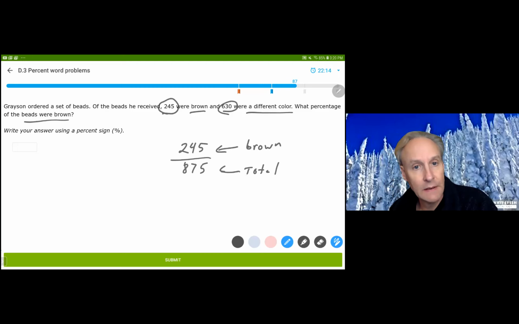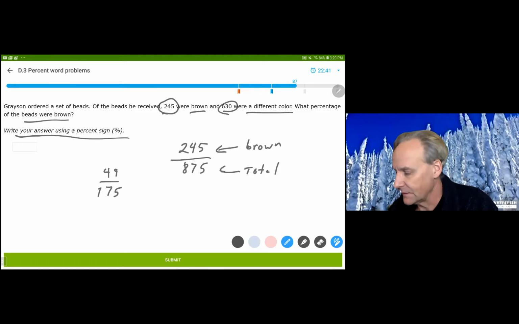See that? Now, yes, I could do the reducing by dividing by 5 and then probably find my percentage that way. They're telling me already that I'm not going to have to round it. I could do it. I don't think so. Well, it's 49 and this one is 175.